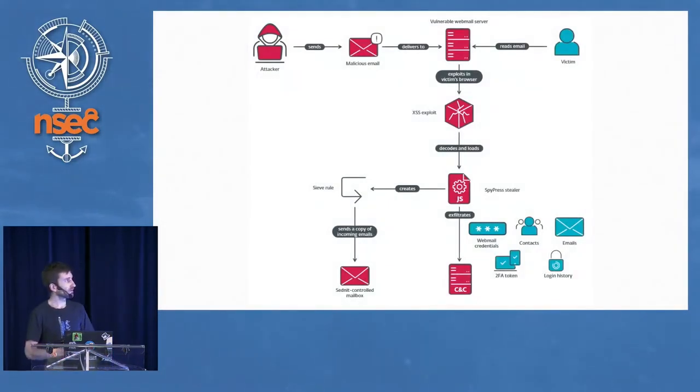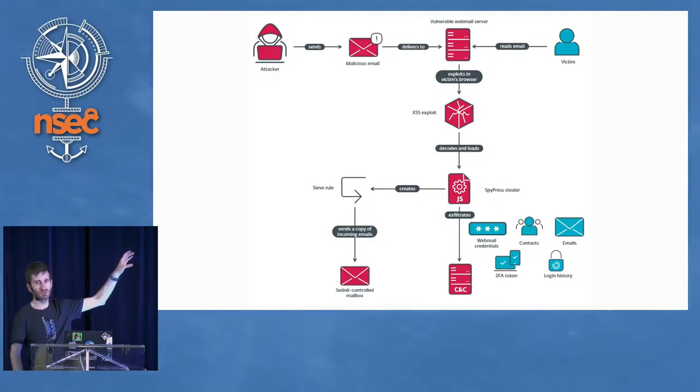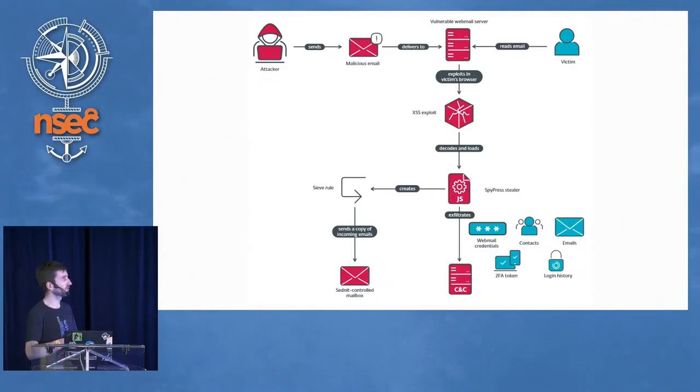This is a typical chain, not only for SednNet, but in general, when an attacker uses an XSS vulnerability in a webmail application. An attacker will send a malicious email with a specially crafted body or email header, etc., to exploit a vulnerability. Then the victim needs to read the email inside the vulnerable webmail.